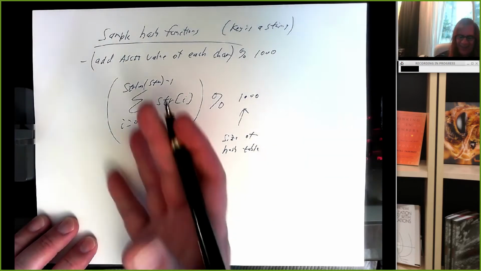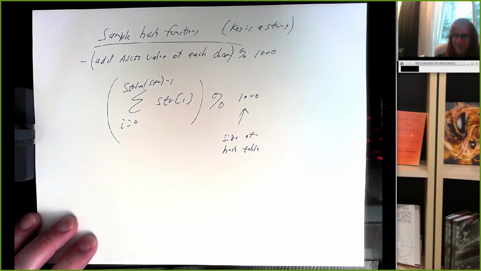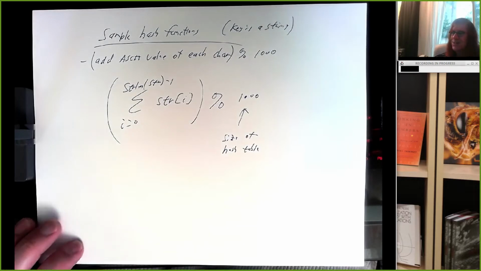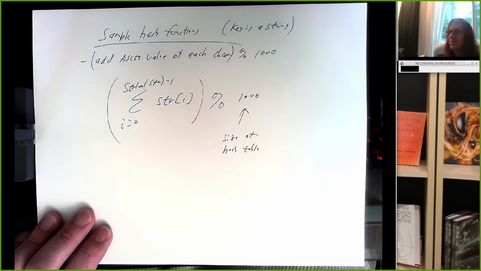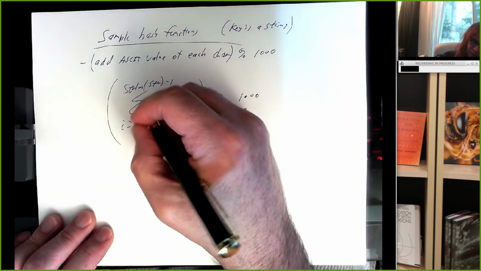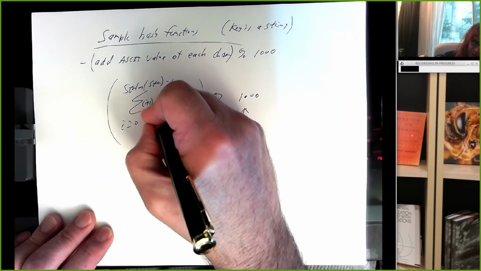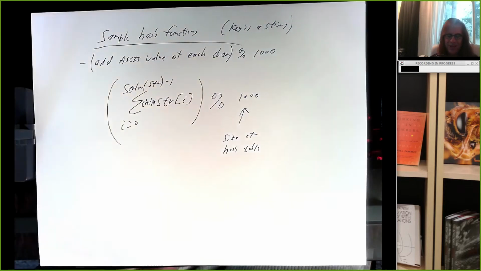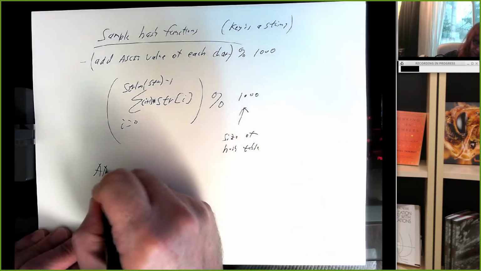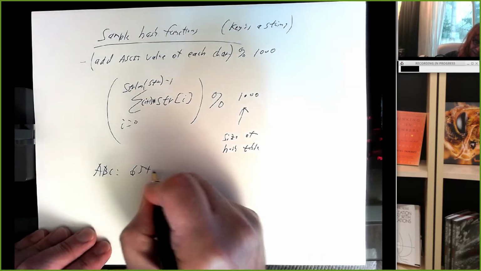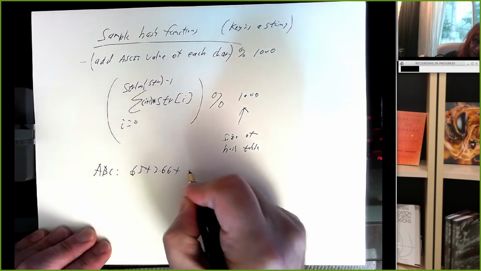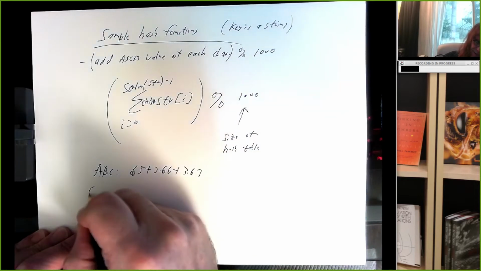All right. So this is not a great hash function, but one way we can take care of making rearrangements map to different things would be to do i+1 times the ASCII code. Now ABC would be 65 plus 2 times 66 plus 3 times 67.